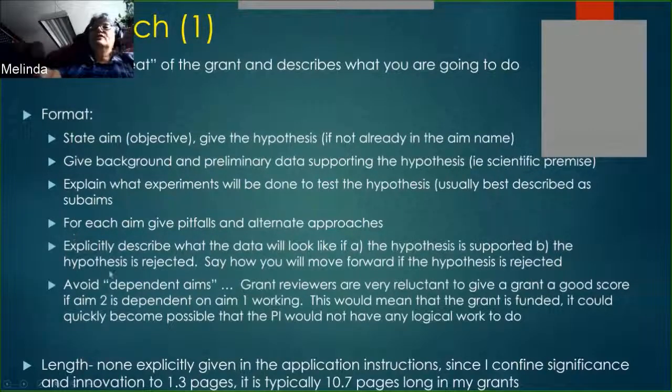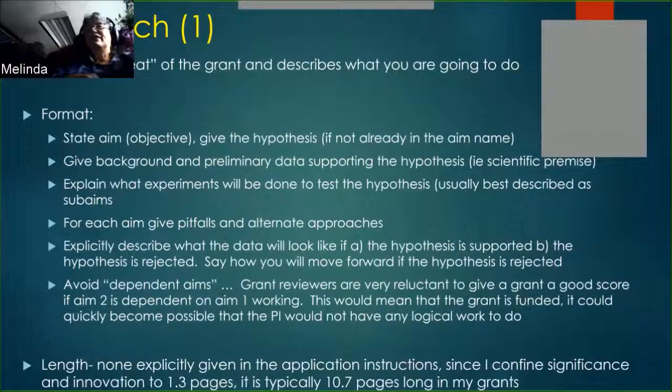Now, one thing is you want to avoid what people call dependent aims. There's a very strong tendency, everybody has it, where you propose three aims as three different subsets of a project.